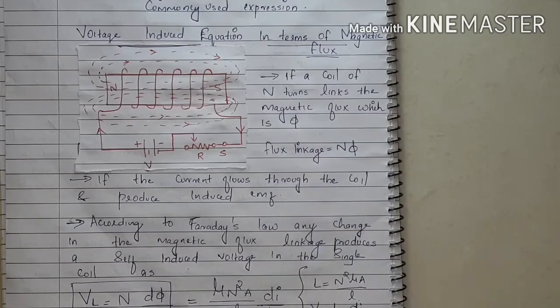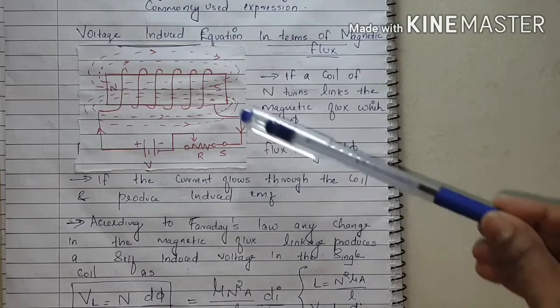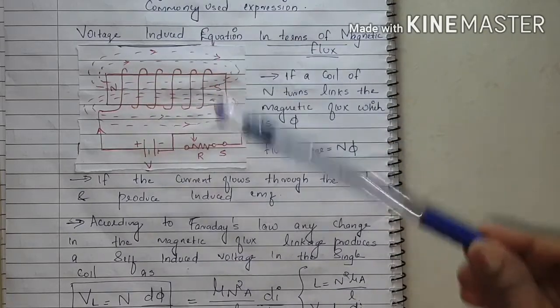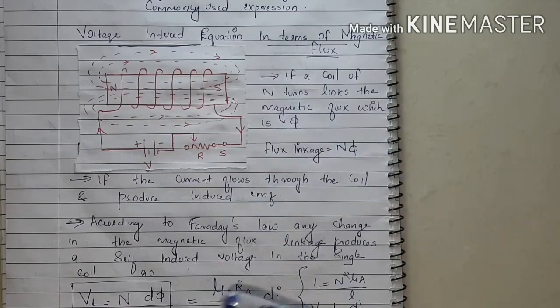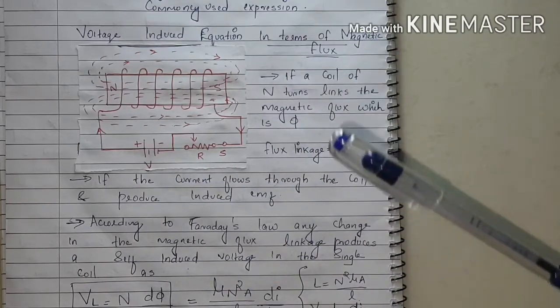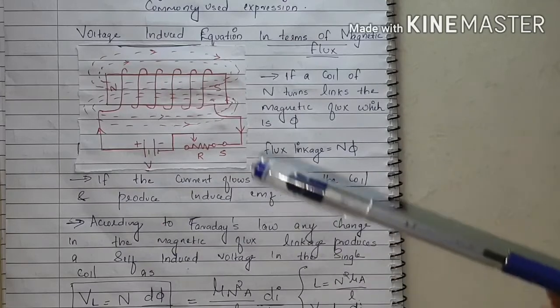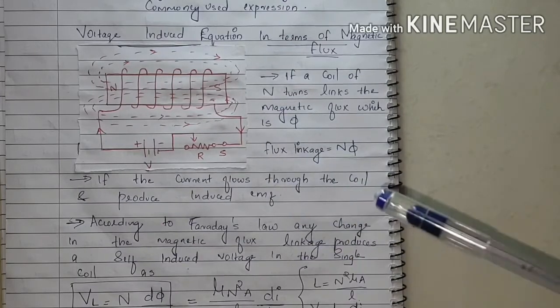If the current flowing through the inductor changes, the magnetic flux also gets changed. So according to Faraday's law, any change in the magnetic flux linkage produces a self-induced voltage in the single coil.